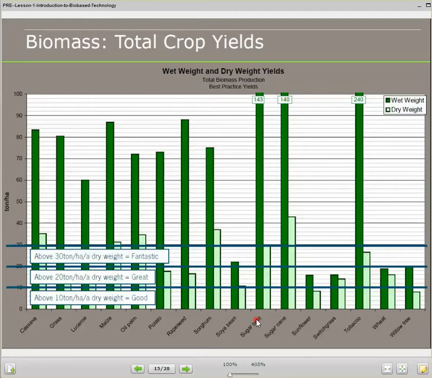Sugar beets grow very well in the Netherlands. And then sugarcane, not so much. Sunflower grows, but not the best for the capacity. Switchgrass grows, wheat grows. So your groups, as part of your work, will be analyzing which of these products will be best for your location.